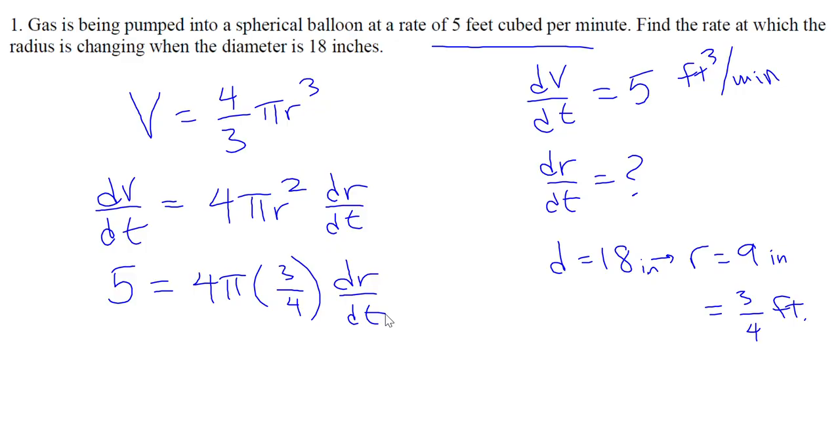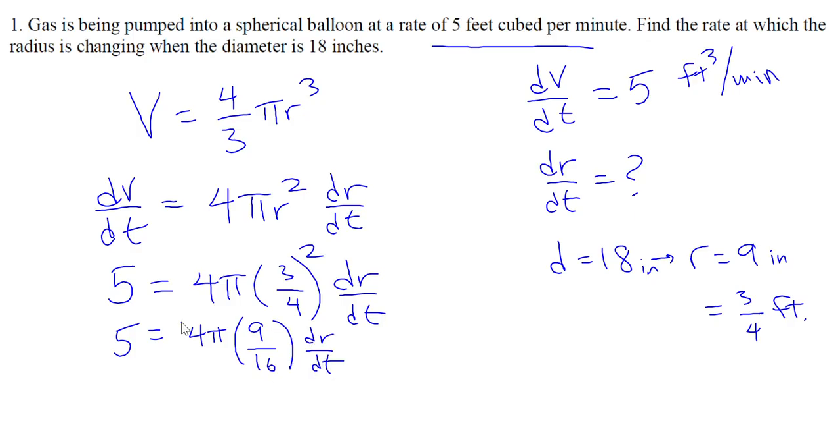All we really have to do here is, don't forget to square that, right? 3/4 squared. And so all we have to do is simplify this down and solve for dr/dt. So we have 5 equals 4 pi times 9 over 16 times dr/dt.